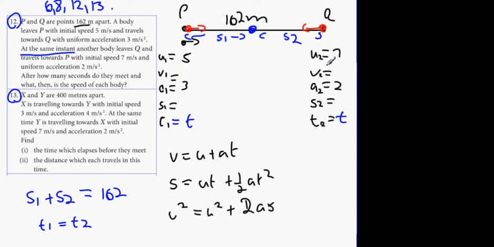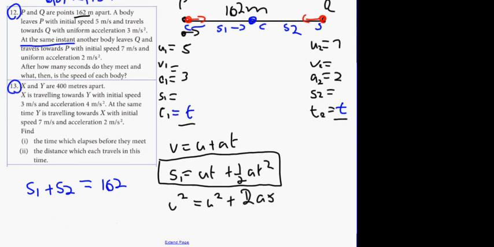The thing is, v1 and v2 aren't guaranteed to be equal to each other, so you're introducing a new variable into the equation. So v, in this case, counts for 2 different variables, while t is the same variable twice. So what I suggest we use is s equals ut plus a half at squared. We find out what S1 is individually, find out what S2 is individually, and add them together to get 162. So let's find out if that's what's going to happen.